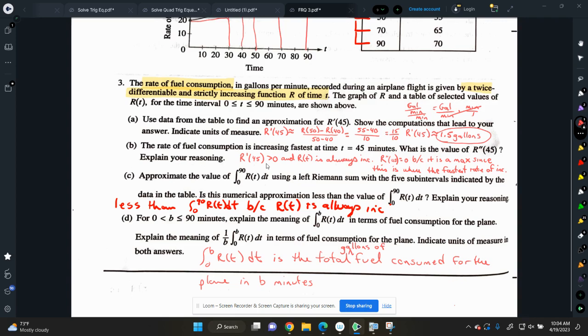Okay. 1 over B times the integral is the average gallons of fuel consumed per minute. If I say used, give me points off.